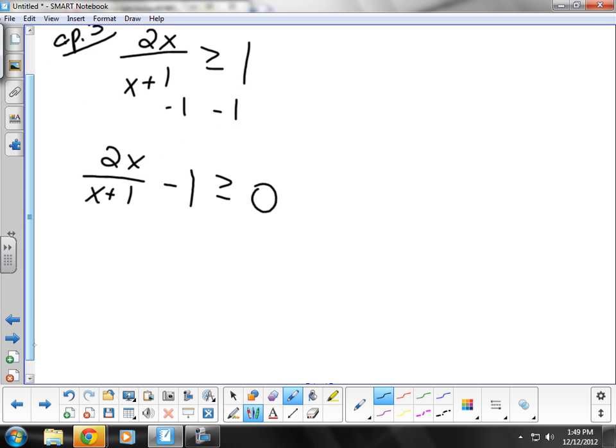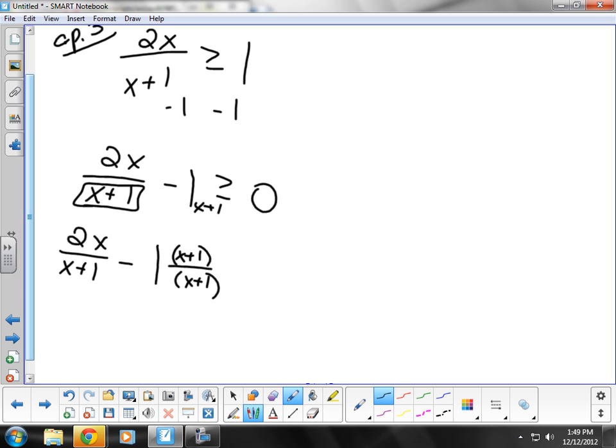Now, the difference with this is that for rational inequalities to work nicely with this boundary idea, you need it to be just one fraction. So what I need to do is make this use a common denominator. So I've got 2x over x plus 1 minus 1 times x plus 1 over x plus 1, right? Take whatever my denominator is, and I multiply the bottom and the top.